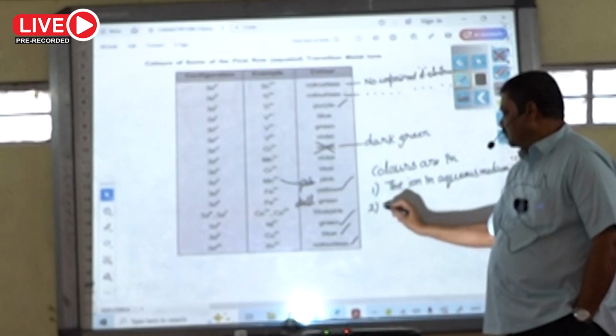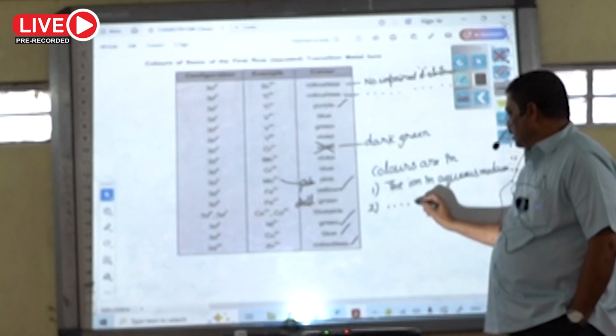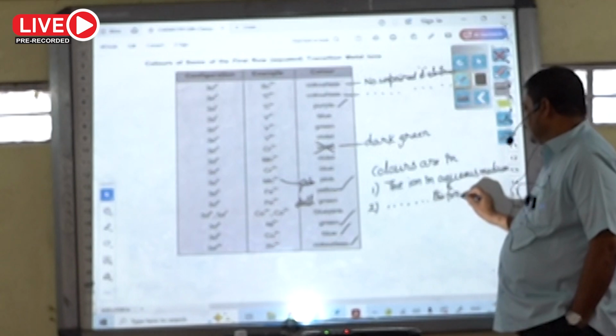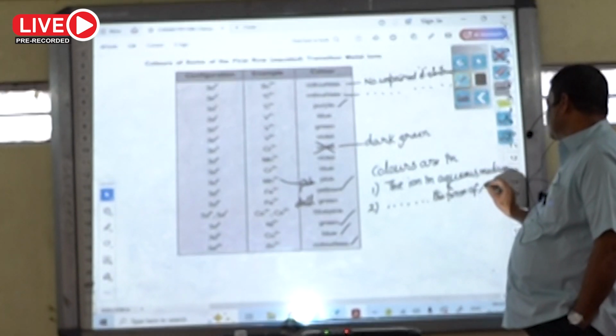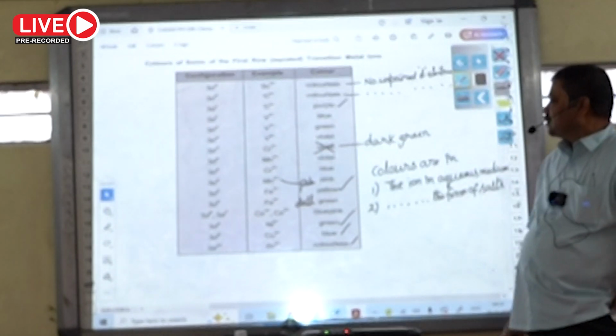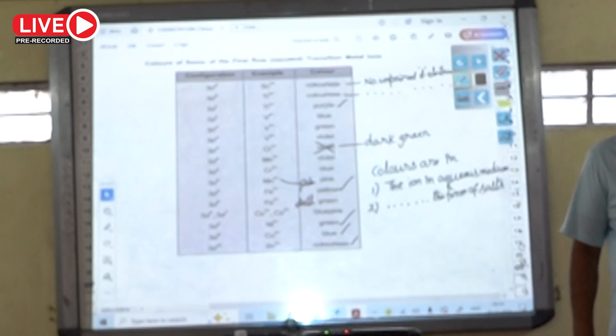Number 2, the ion in the form of salts. Only under these conditions they exhibit color.